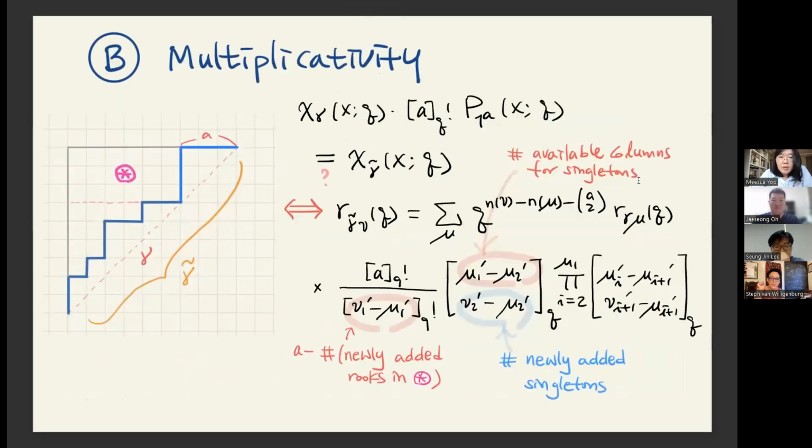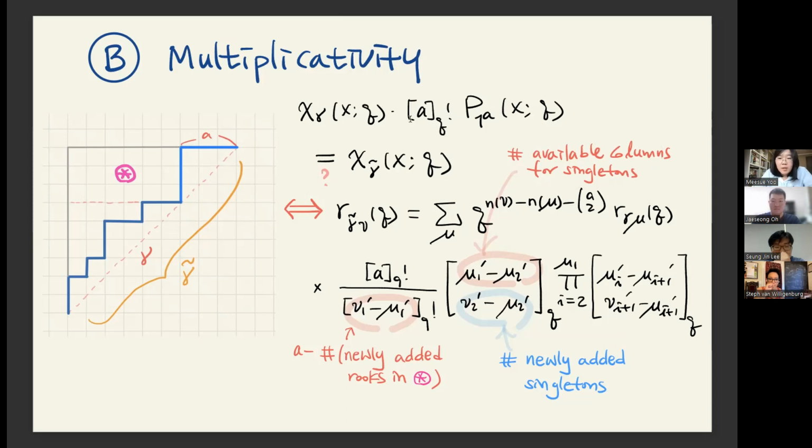And the second one was about the multiplicativity. Say we have gamma, the dict-path gamma, and gamma tilde is an extension of gamma by adding this complete graph part.